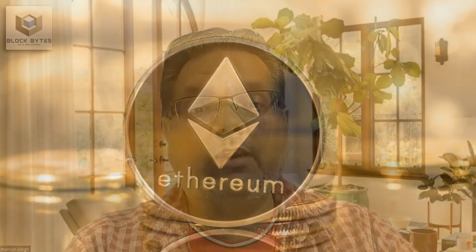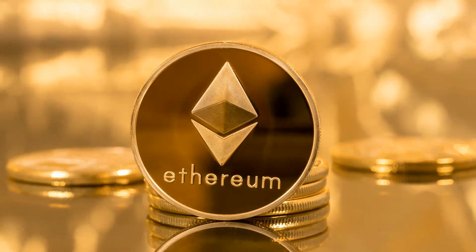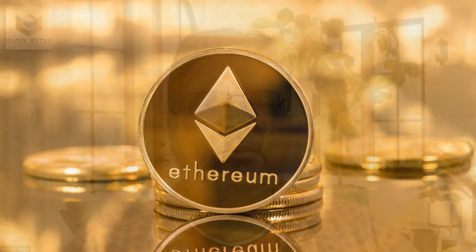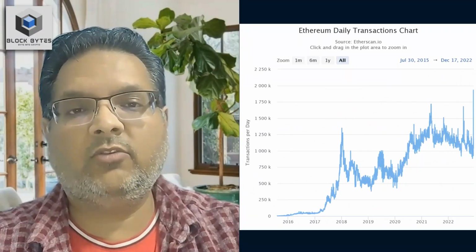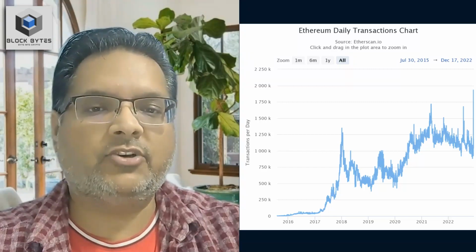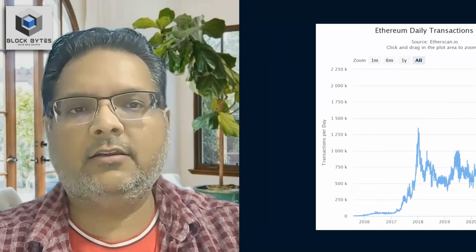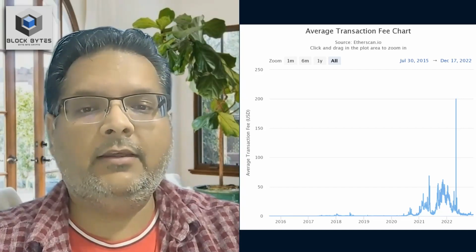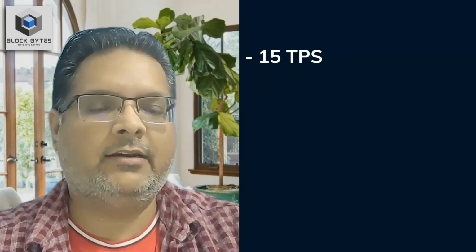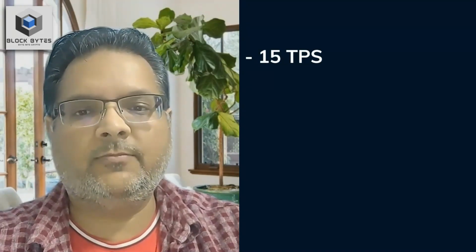Ethereum is the most widely used and the most popular blockchain at the moment. This widespread adoption, however, comes at a price. As the number of users and applications increase on the network, so does the transaction count and the transaction fee. The Ethereum mainnet can only execute 15 transactions per second in its present condition.